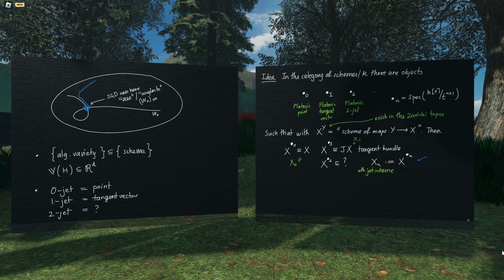Well, that isn't really a definition, because I told you that this exponentiation operation doesn't really make sense in schemes. You need some fancy thing to do it this way. But this is the correct way of thinking about it, and then we can find another way of saying the same thing, which I'm about to explain to you, and then turn detailed enough that we'll actually compute a jet scheme of a surface in maybe 10 minutes.